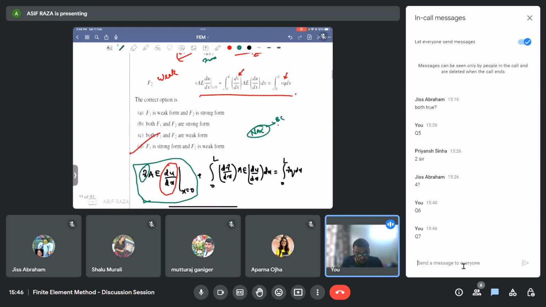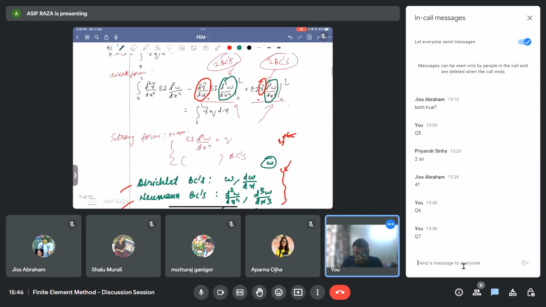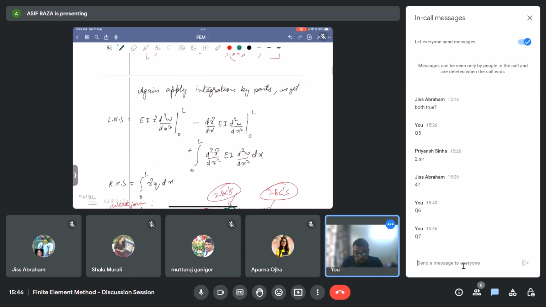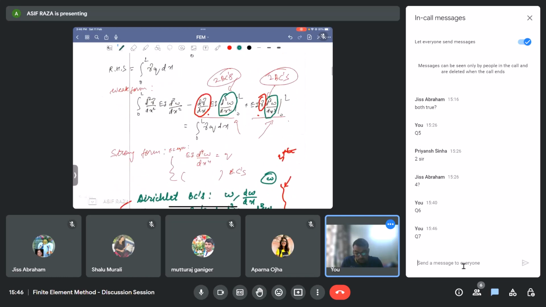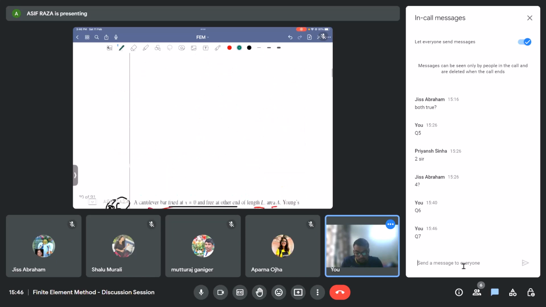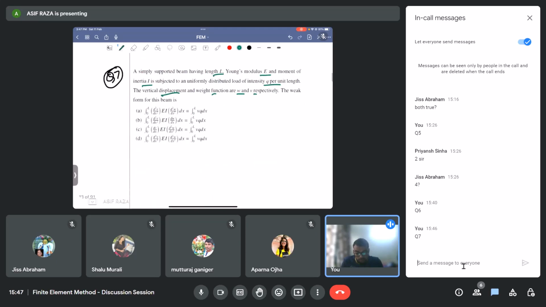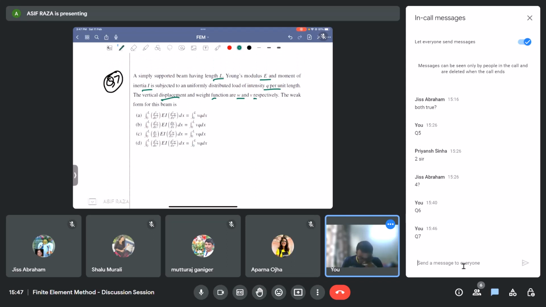This is similar to what I solved earlier. So what would be my answer? Weak form for this beam is, as I just solved earlier.